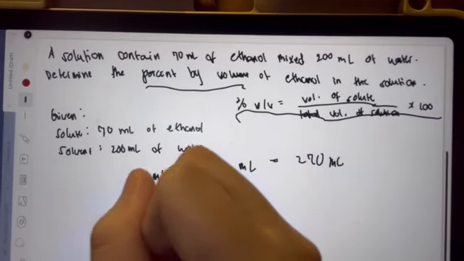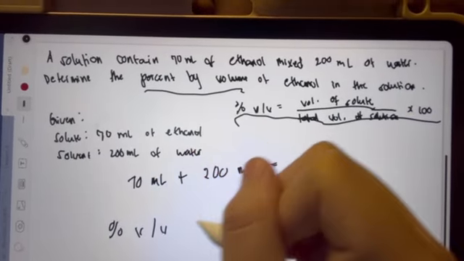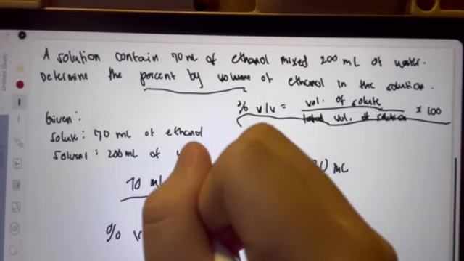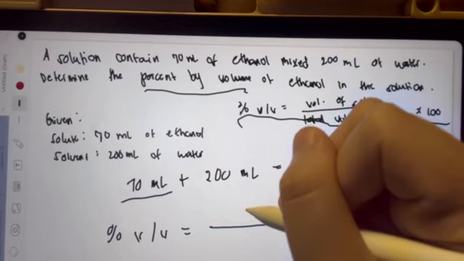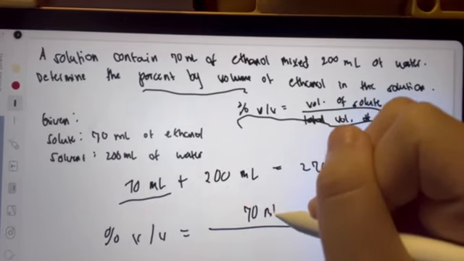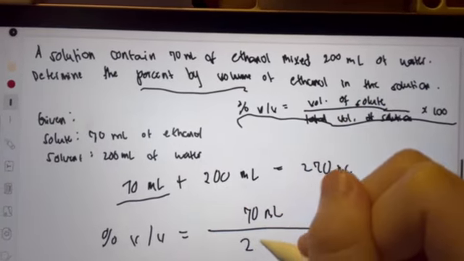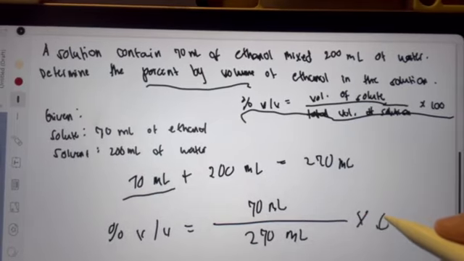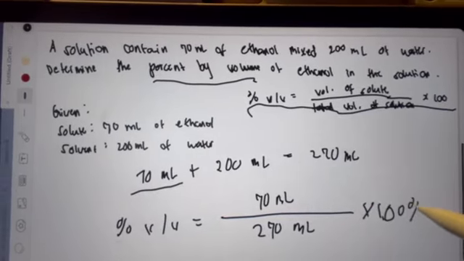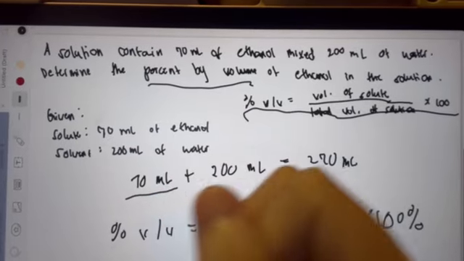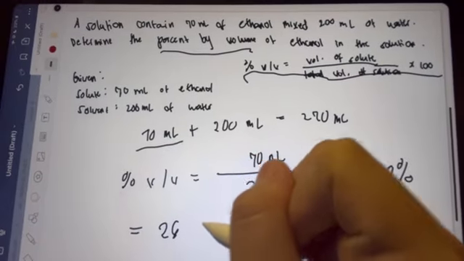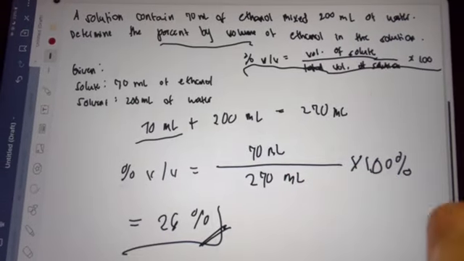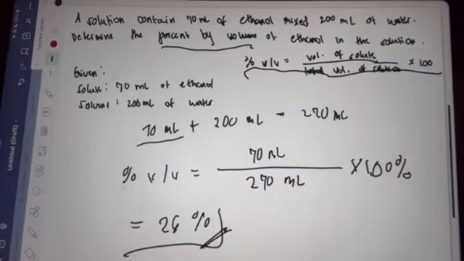So percent by volume is equal to 70 ml, the solute, over 270 ml times 100%, which is equal to 26%. Now this is the final answer for the given problem.